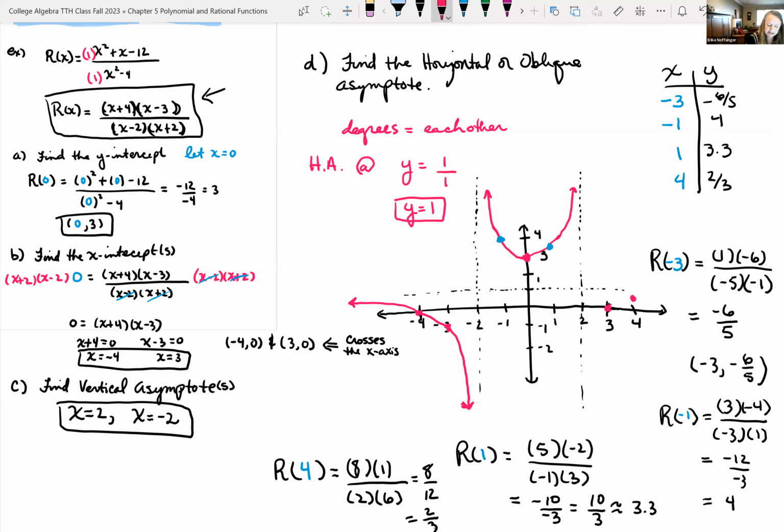So I know as x is going to infinity, I'm hugging my horizontal asymptote at y equals 1. But as I'm coming into x equals 2 on the right-hand side, this will be shooting down to negative infinity. So knowing where our asymptotes are, where our intercepts are, and plotting a couple extra points on each side of a vertical asymptote, you should be aware of what the graph looks like.